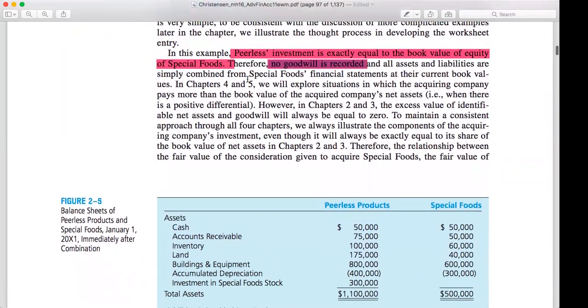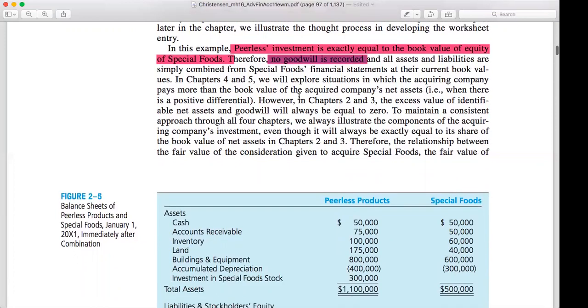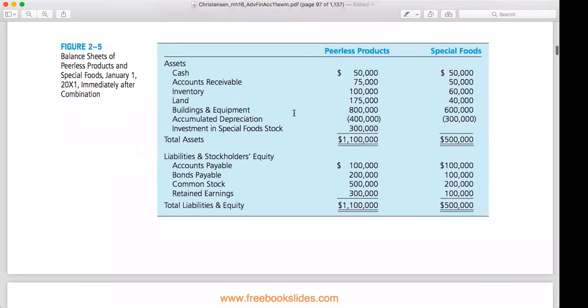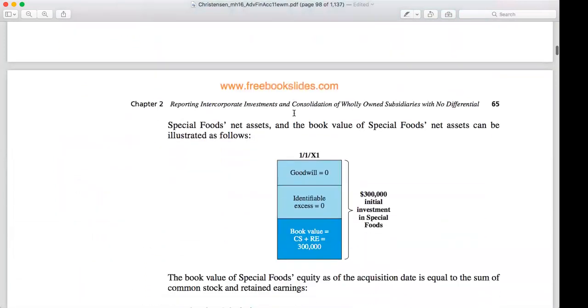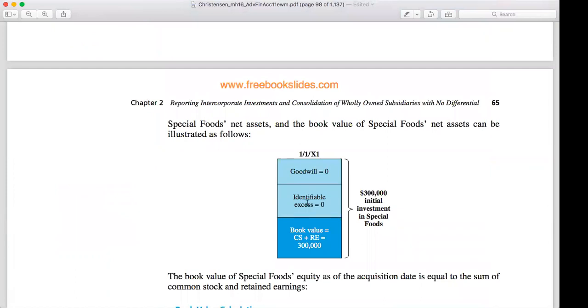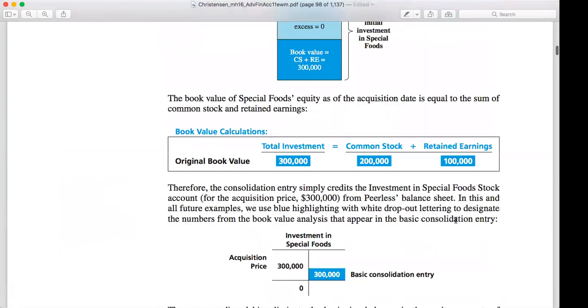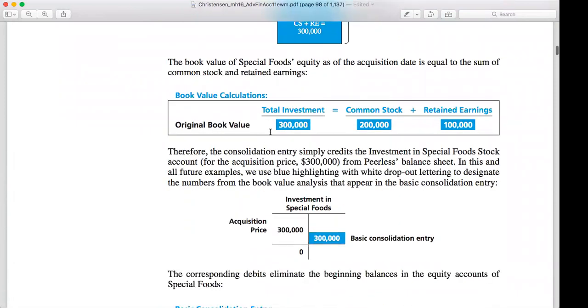Okay, and this is just about coverage of the chapter. The balance sheet. So this is the illustration here: because the book value is the same as the fair value, there is no goodwill here. So total investment is 300, common stock 200, and retained earnings 100. So this is related to the book value calculation.